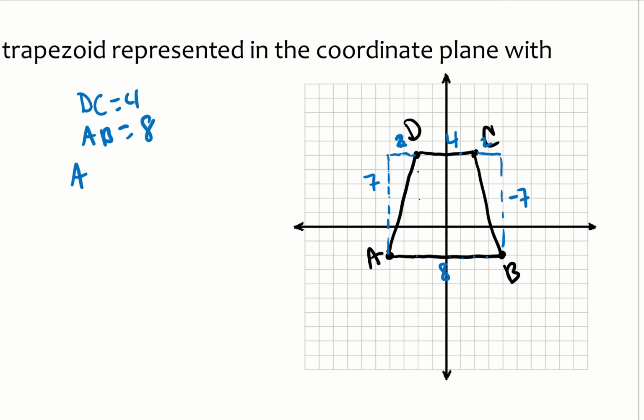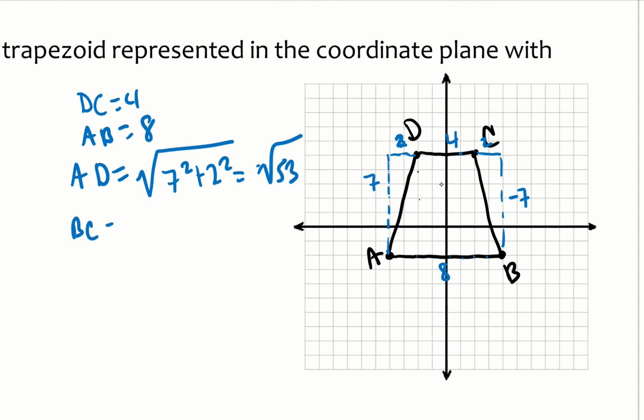So let's calculate AD. AD is the square root of 7 squared plus 2 squared, which is the square root of 49 plus 4, which is 53. And BC is the square root of 2 squared plus -7 squared, which is the same thing as what's above, because it doesn't matter if it's negative or positive, it's still going to add up to the same number as long as it's being squared.